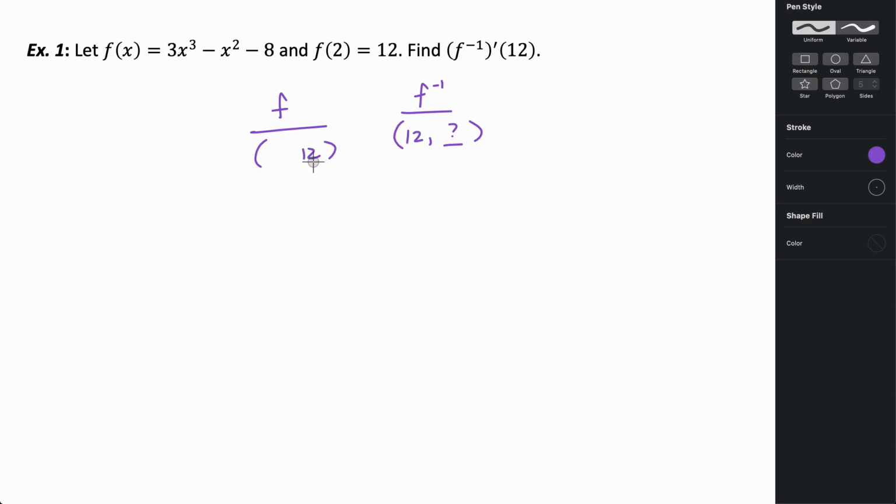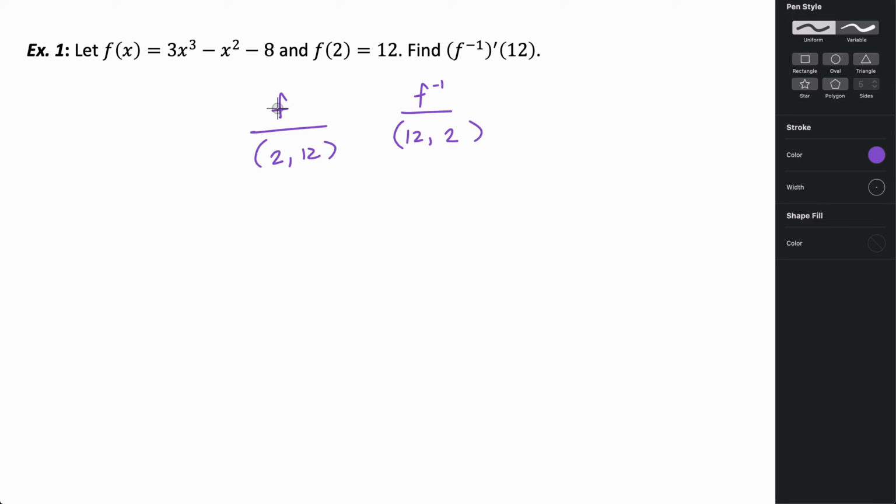So this value here is going to be the same as this value here because of the inverses. And since I'm given the definition of my original function, I could set it equal to 12 and solve for x. But in this case, we're told that it's going to be at x equals 2. So that's okay there.